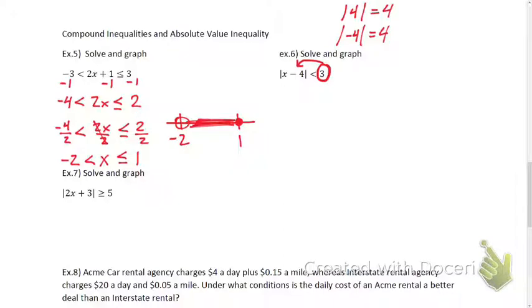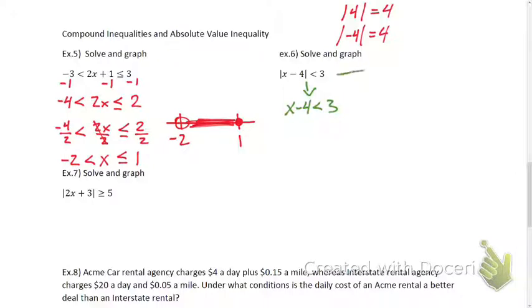You have to account for both scenarios. All right? So first scenario, drop the bars and solve it as is. No changes, you just drop the bars. So that's assuming the inside was already positive.